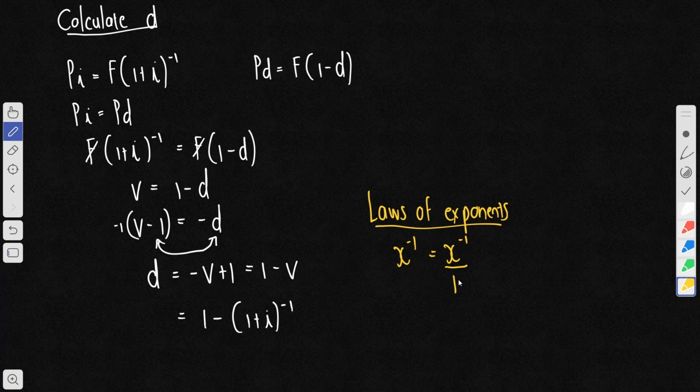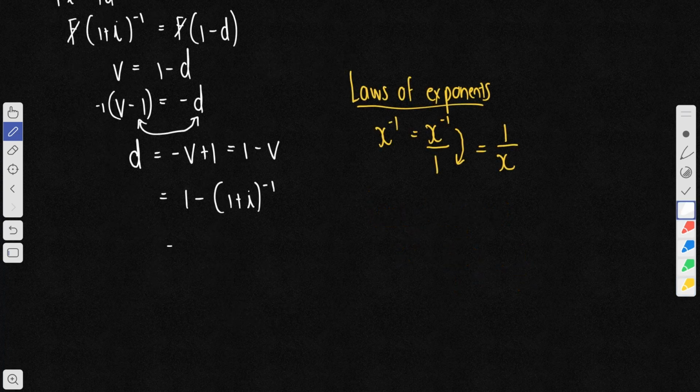So we can turn this whole number into a fraction without changing the value. What the law of exponents allows us to do is to move x to the negative 1 to the bottom of the line by simply changing the sign of the exponent. So that's the same as 1 divided by x.